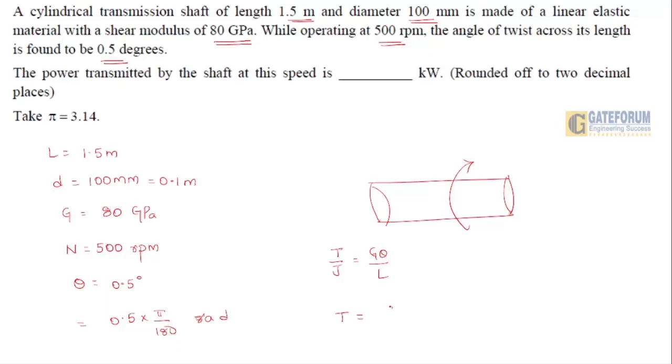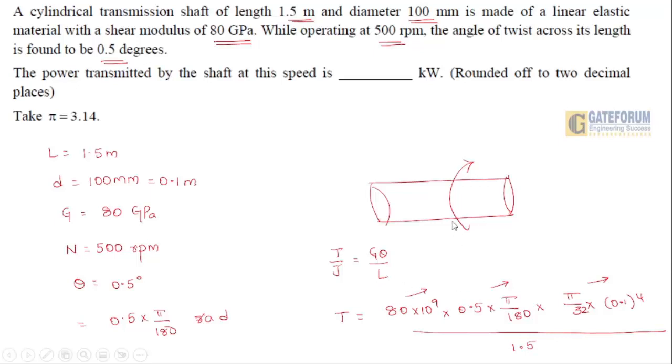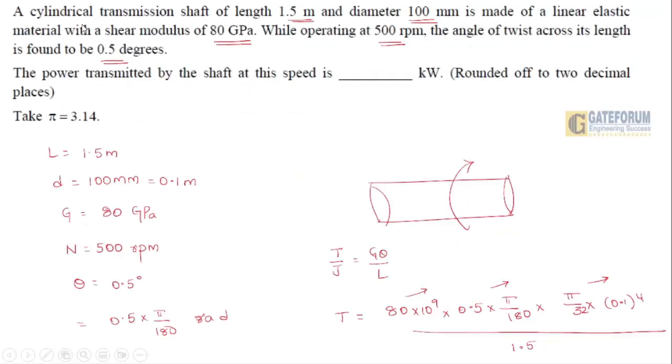Substitute T equal to G, 80 into 10 power 9, into 0.5 into pi by 180, into pi by 32 into d power 4, 0.1 power 4, by L. This is G, this is theta, this is J by L. Length is 1.5. So what will be the value of T? On substitution, you should get the value of T as 4.56 into 10 cube Newton meter.